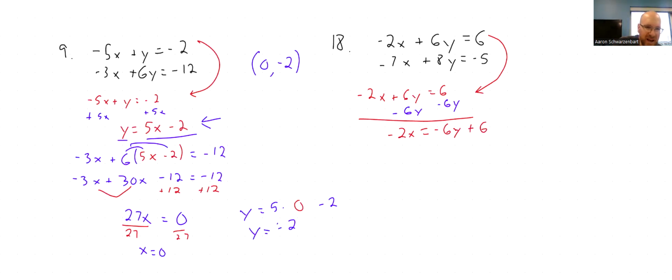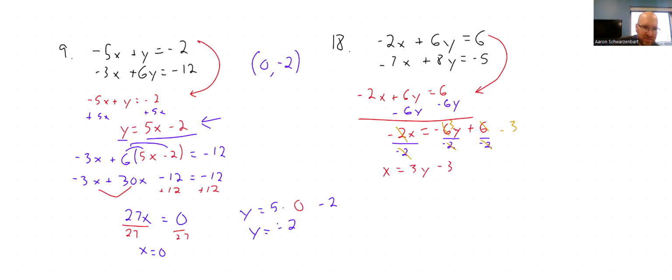I will now divide everything by negative 2 and reduce. This is going to cancel with that. This is going to reduce to a 3. And that will reduce to positive 6 divided by negative 2 is negative 3. So I end up with x equals positive 3y minus 3.